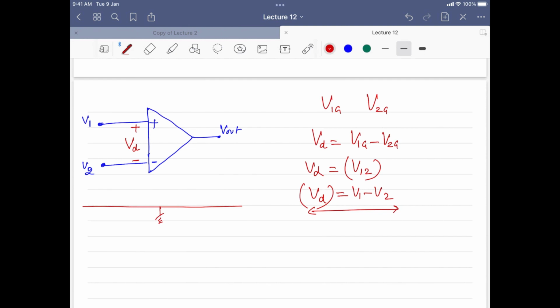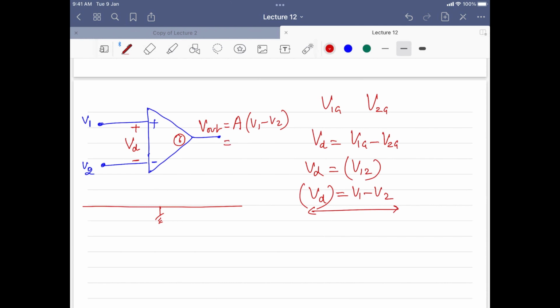Okay. So now what happens is, operational amplifier, what it does is, at the output node, which is the sixth node, it actually amplifies with a factor A the difference of these two voltages, V1 minus V2. This is the property of the operational amplifier.